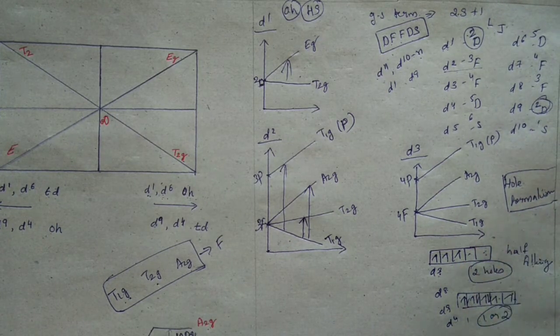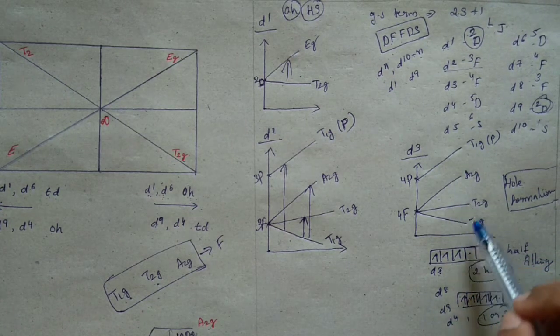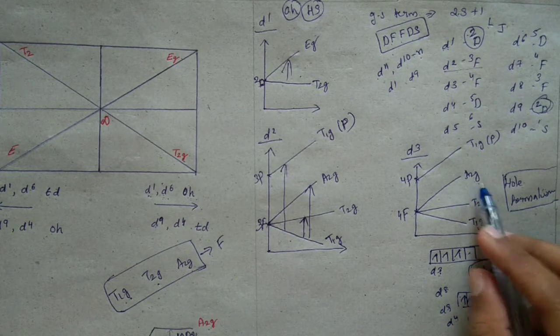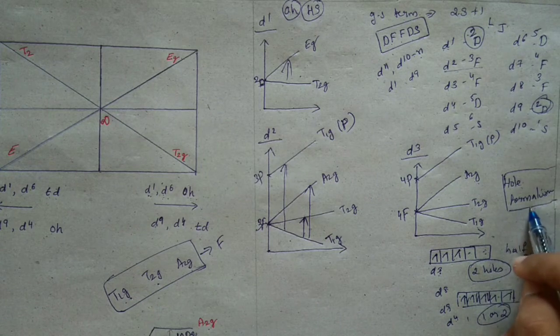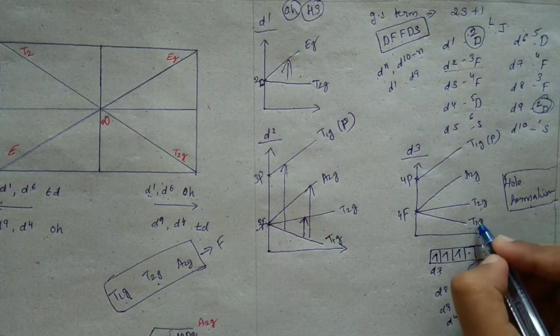So what is the consequence of hole formalism? The energy levels are reversed. Here T1g, T2g, A2g should come, but due to hole formalism the energy levels just reverse.